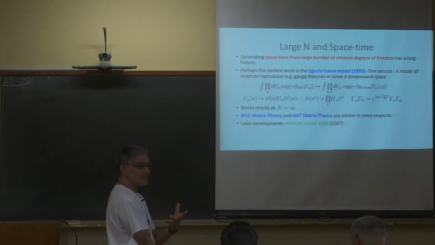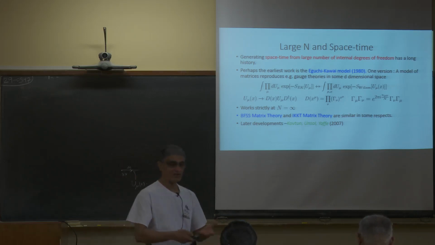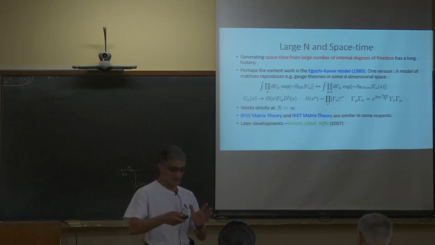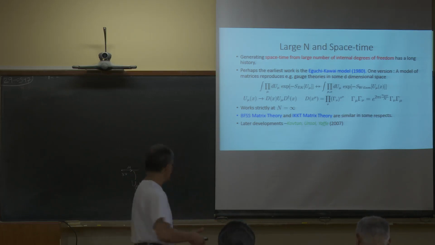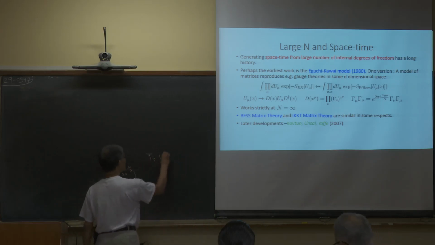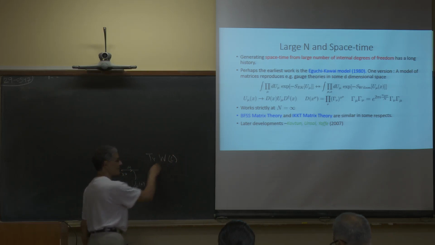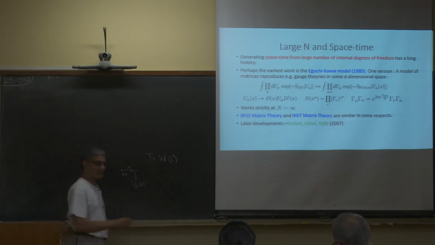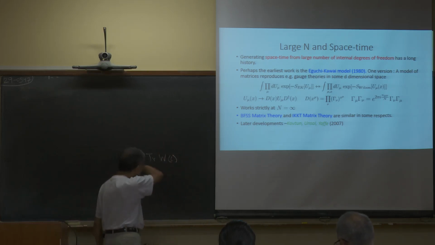So in the large N limit, the whole point is that you can always derive a Dyson-Schwinger equation for the Wilson loop. These are called the loop equations, and usually the right hand side. So if you take a Wilson loop, it is like a trace of some unitary matrix W, which is a product of the link variables.